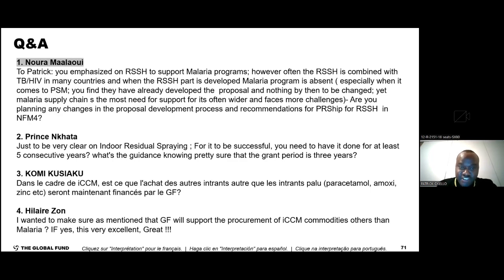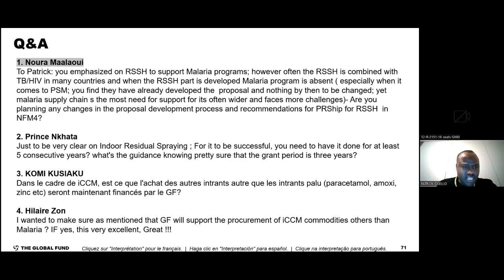So we're hoping that your country dialogue will take this into consideration. And given that we have a much narrower envelope this time, the need and the value for integration will be really important and can be seen by all actors. So I agree with you, the plea for us to make sure we work together closely between malaria and RSSH and the other diseases.